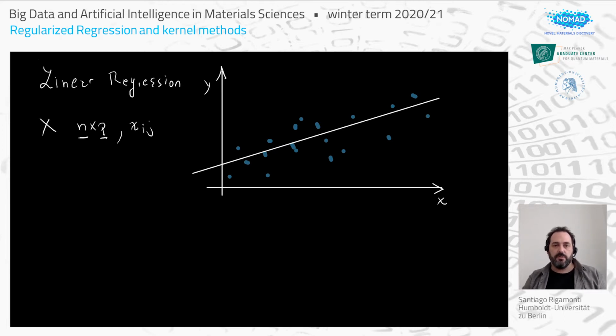We have also the output, and the output is a vector of n components, y1, y2, yn, so one component per sample. We will also use at some point a notation in terms of the columns of the matrix X. So the columns will be denoted by an X with a bar.